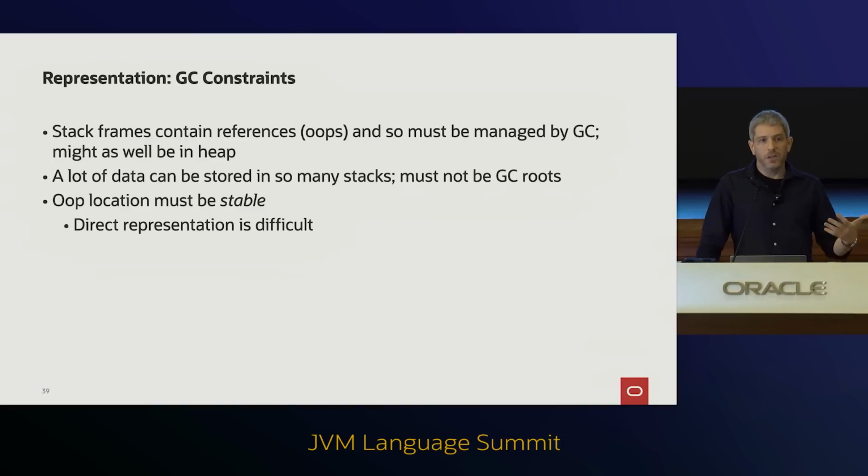And that means that the GC needs to manage those stack frames because it needs to trace through those oops. And if it's managed by the GC, we tried thinking, okay, so where do we put those continuation objects? And we realized that wherever we put them, we need to do pretty much as much work as the GC needs to do anyway, so they might as well be in the heap.